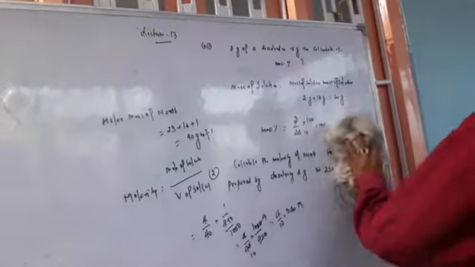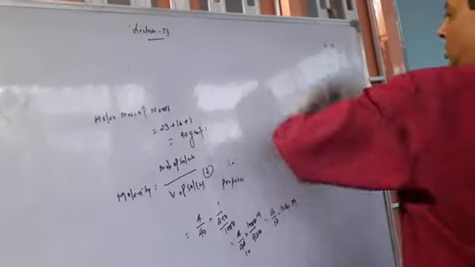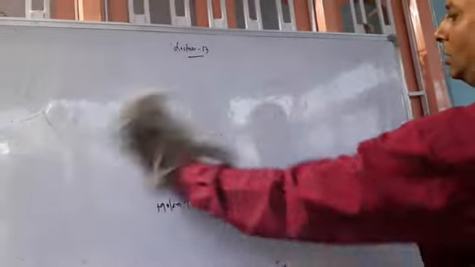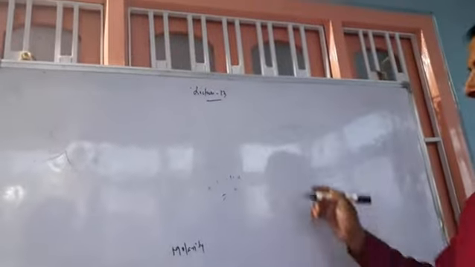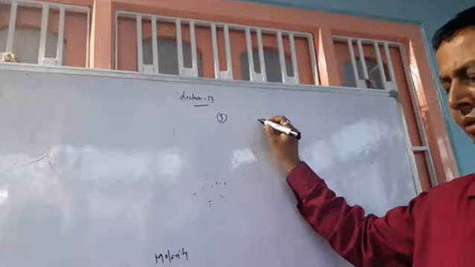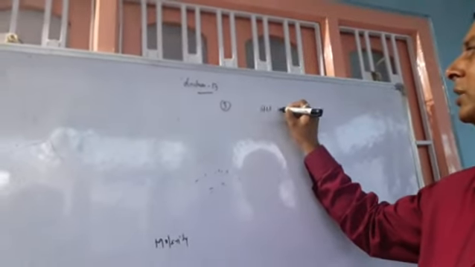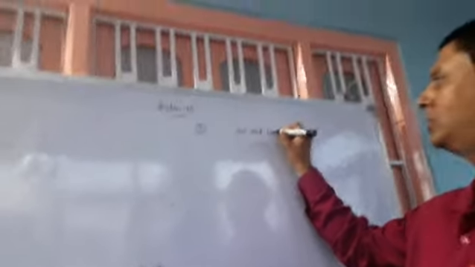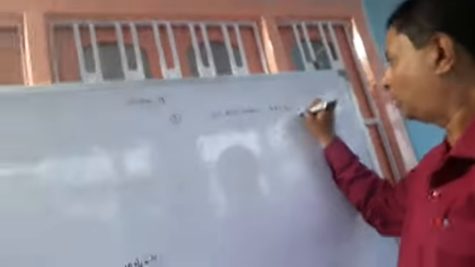Now the next question we have to discuss. The question is question number 3. Hydrochloric acid contains 38% HCl by mass.